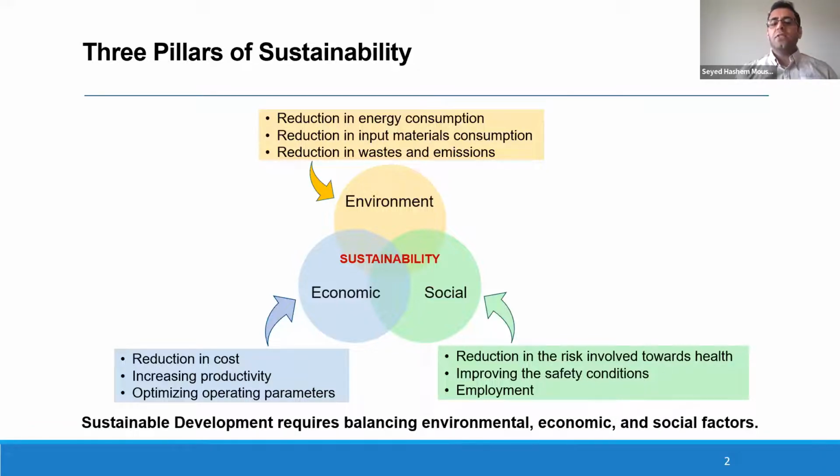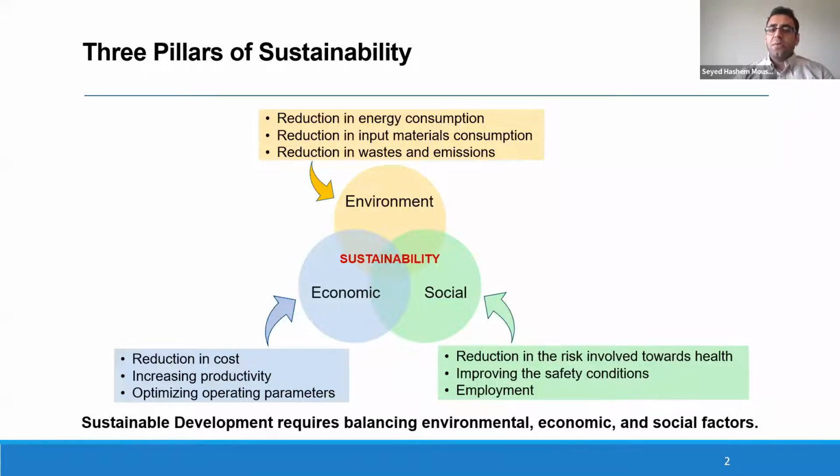Sustainable development actually requires balancing between environmental, economic, and social factors. During the last seminar, Dr. Tristan Brown talked about the techno-economic analysis, which is actually evaluation of the technical feasibility and cost for the products and processes.